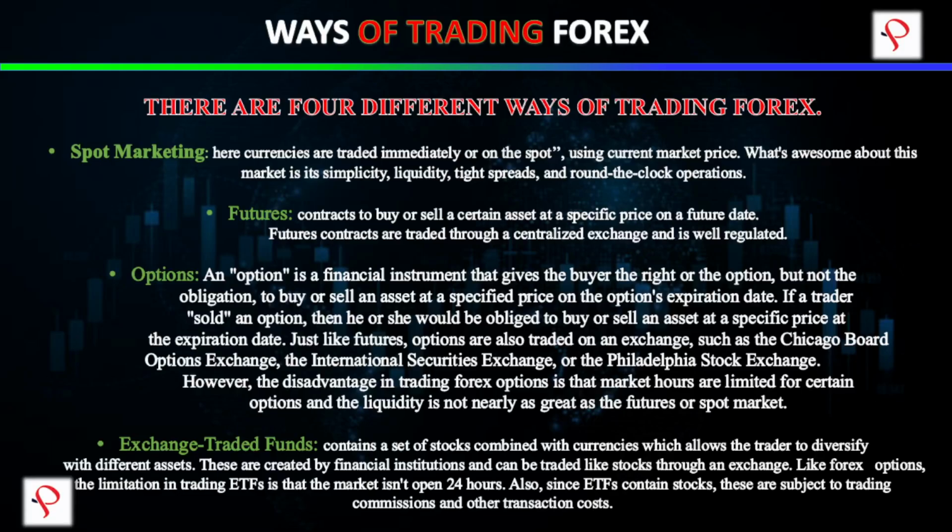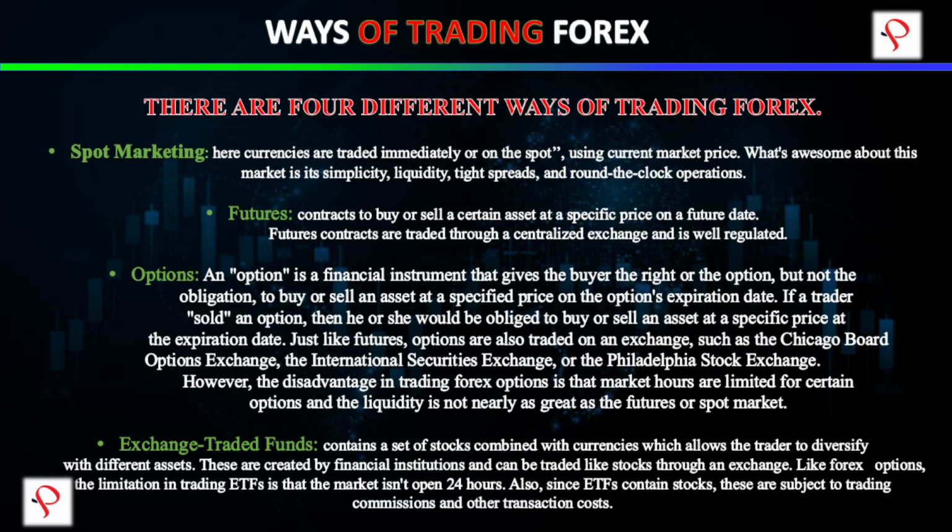Alright. Then we have options. An option is a financial instrument that gives the buyer the right, or the option, but not the obligation, to buy or sell an asset at a specified price on the option's expiration date. If a trader sold an option, then he or she will be obliged to buy or sell an asset at a specified price at the expiration date.